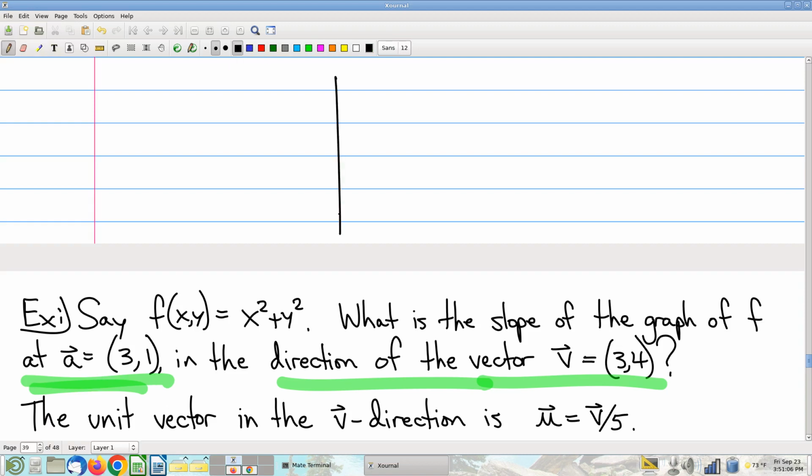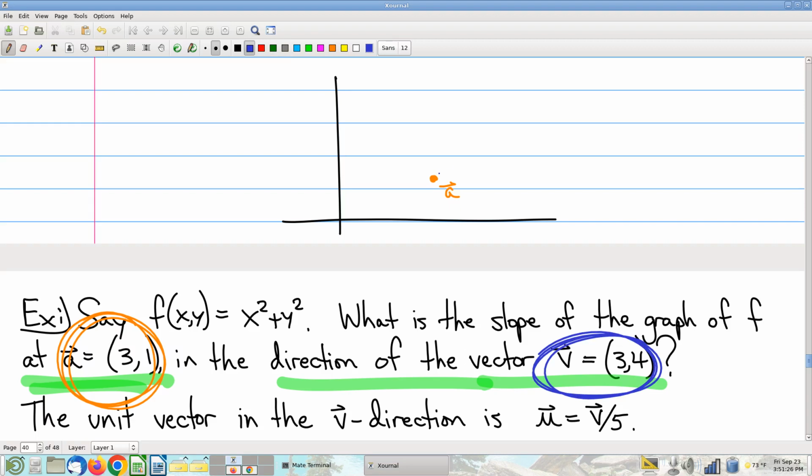Here's the XY plane. Let's see, the point 3, 1 is about, let's say, there. That's my A. And then we've got this vector V, 3, 4, which would be something like that.